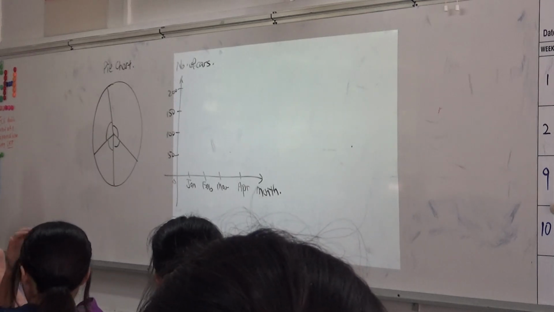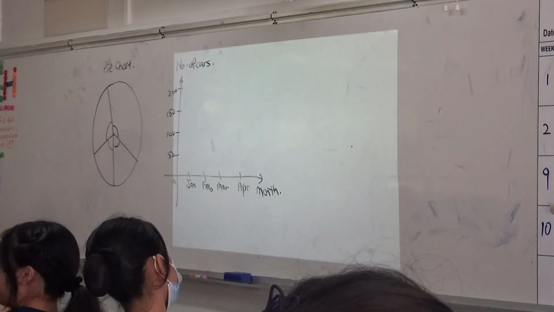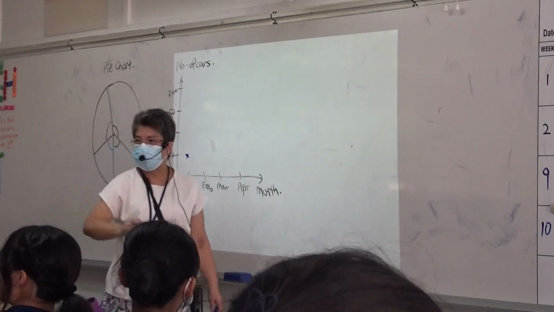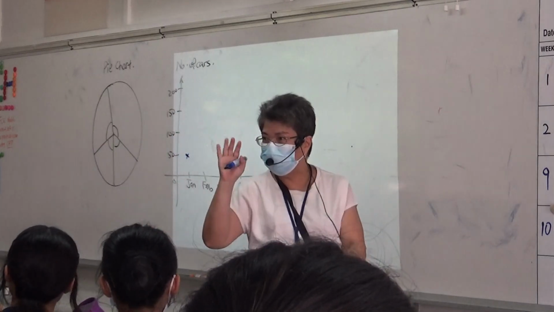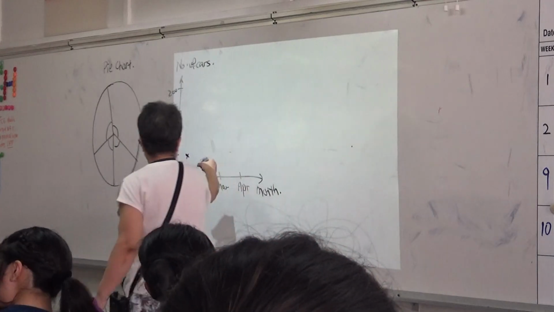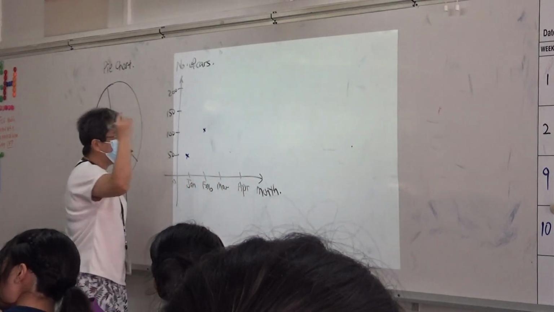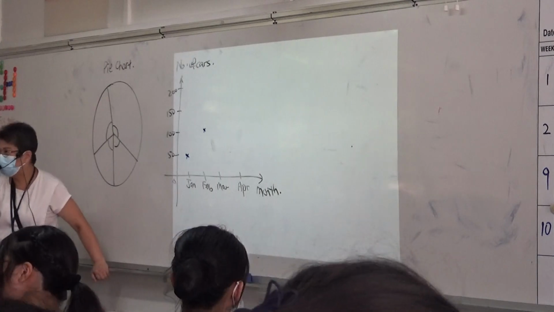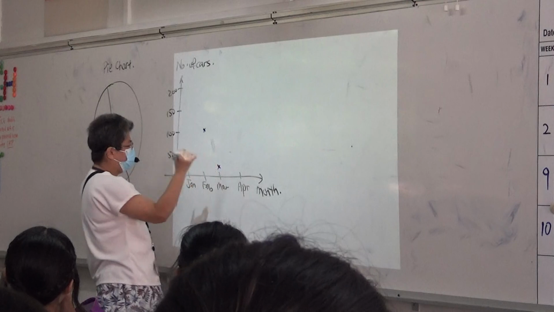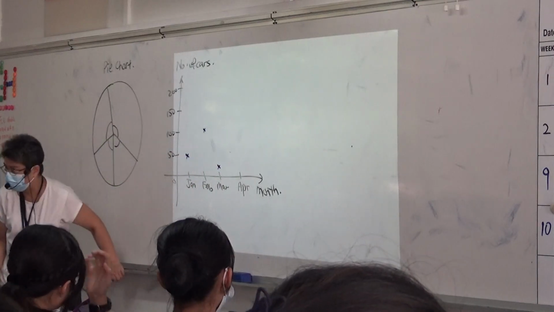Okay. Now, for example, in January, this particular shop sold 50 cars. Okay. In February, this shop sells 100 cars. Okay. In March, they only sell 25.